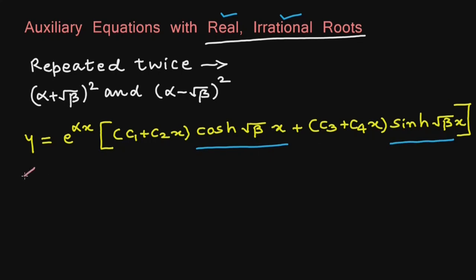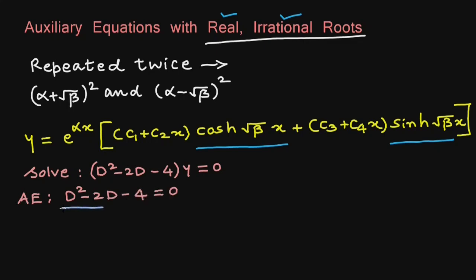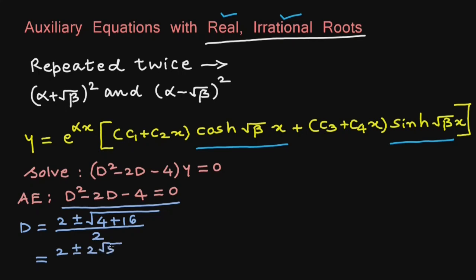Let's solve an example. D square minus 2D minus 4 into y equals 0. The auxiliary equation is D square minus 2D minus 4 equals 0. This is a quadratic equation in D. Solving it by the quadratic formula, D is minus b, that is minus of minus 2, plus minus square root of b square minus 4ac. B square is 4, minus 4ac will be plus 16, upon 2a, that is 2. This is 2 plus minus square root of 20, which is 2 square root of 5, upon 2.